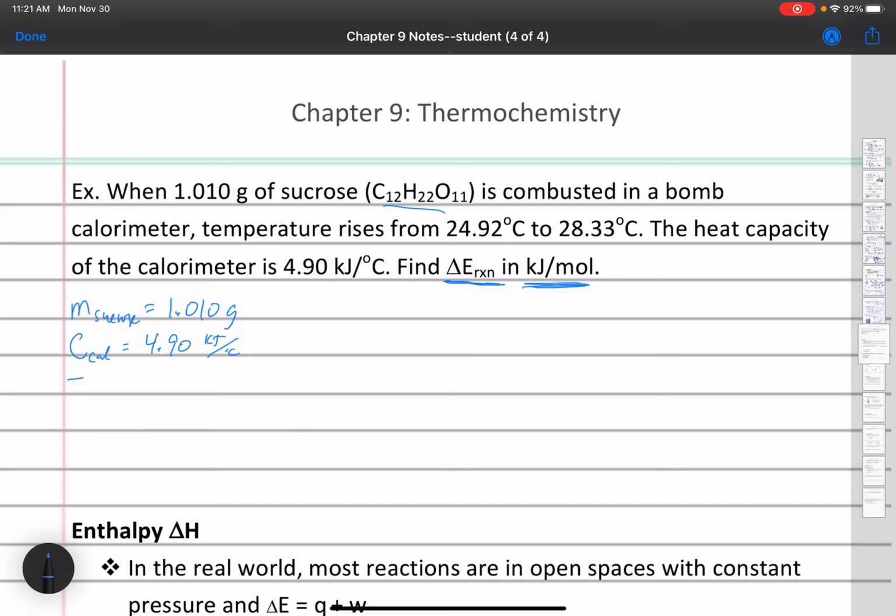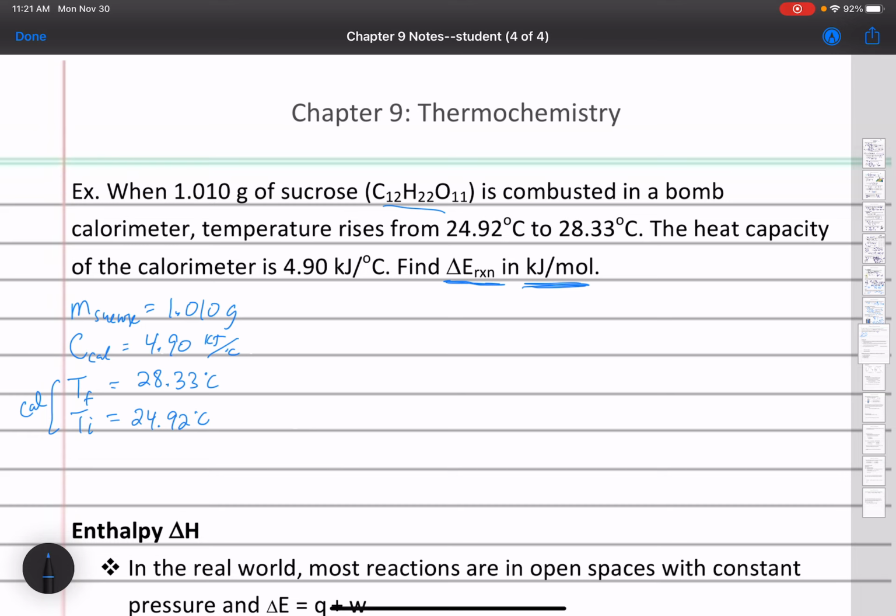And we have two temperatures, and these are of the calorimeter, not the sucrose. So the initial temperature was 24.92, and the final temperature was 28.33 degrees Celsius.